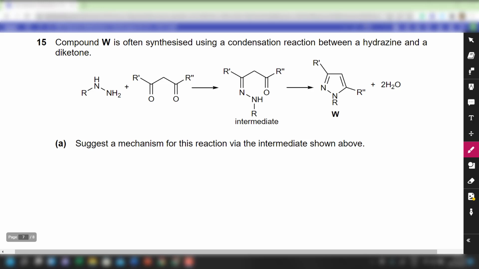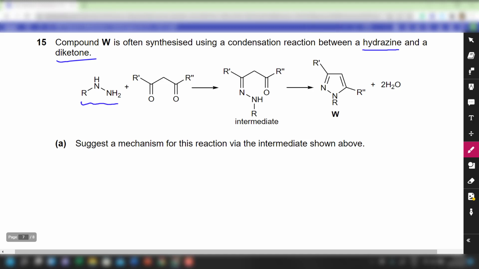You were told that there is a condensation reaction forming compound W from hydrazine as well as a diketone. The structure of hydrazine is shown on the left. So this is an organic hydrazine, a derivative of the usual hydrazine we are aware of, which is N2H4.